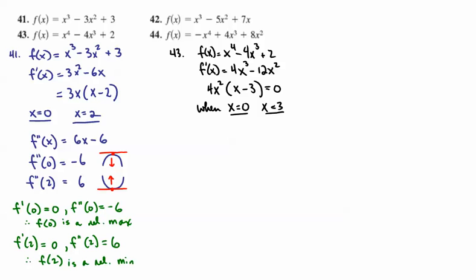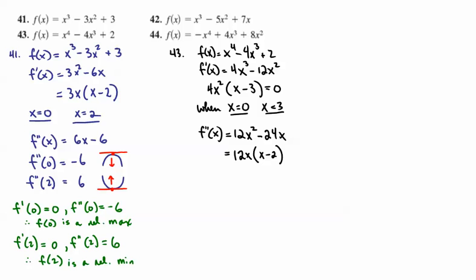Alright, so let's see what happens here. We'll go on to the second derivative then. Second derivative of f at x is 12x squared minus 24x, and we can factor that to be 12x times x minus 2.